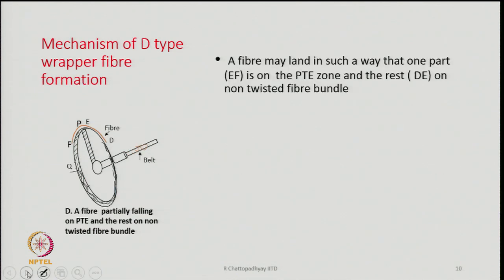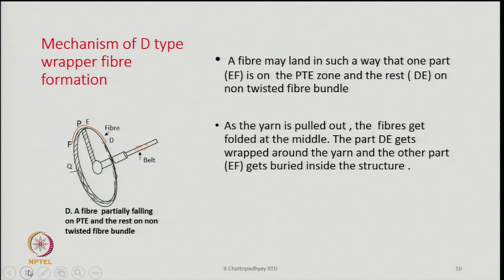And then comes another type of fibers, where you see here in this diagram that if this fiber has landed in such a way that part of it is again in front of P, therefore, it will form the wrapper fibers or sheath fibers.